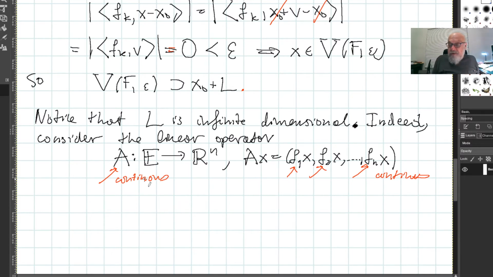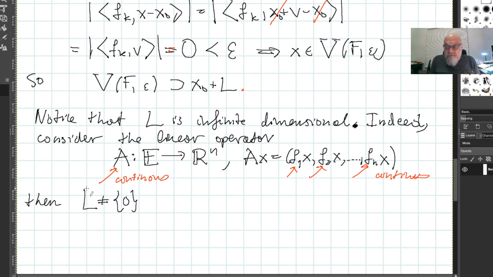The first thing we have here is that L cannot be equal to 0. So that means this is actually a subspace.